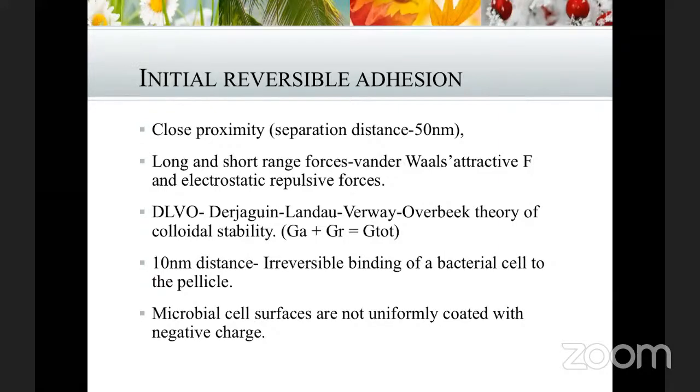In this theory, the total Gibbs energy is the sum of the attractive forces and the repulsive forces. The sum of these gives irreversible adhesion, that is, irreversible binding of the bacterial cell. This is at a 10 nanometer distance, which shows the irreversible binding of the bacterial cell to the pellicle.